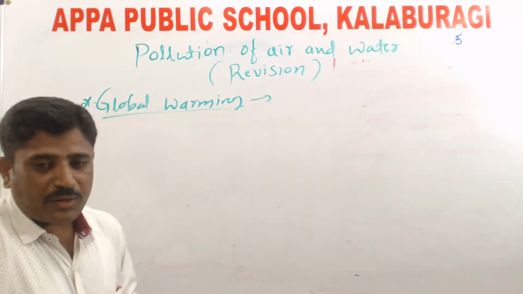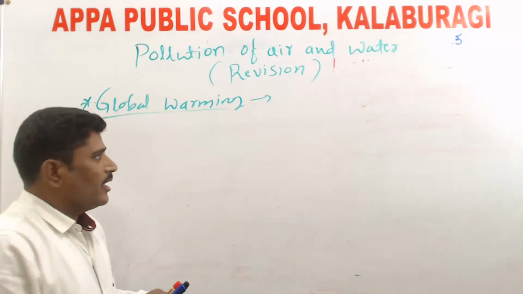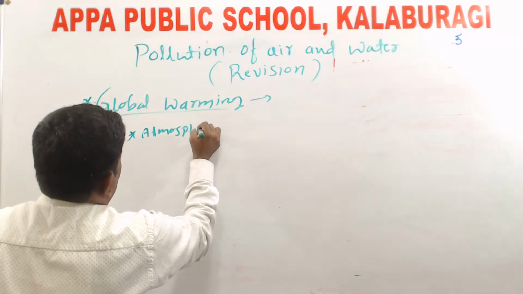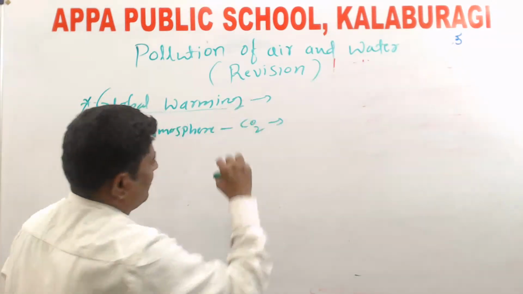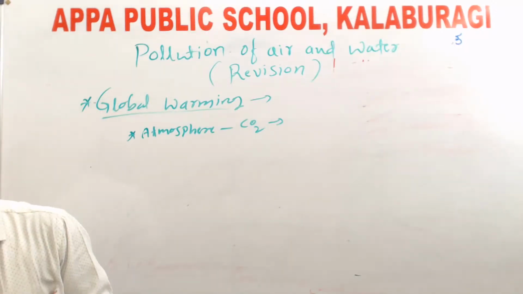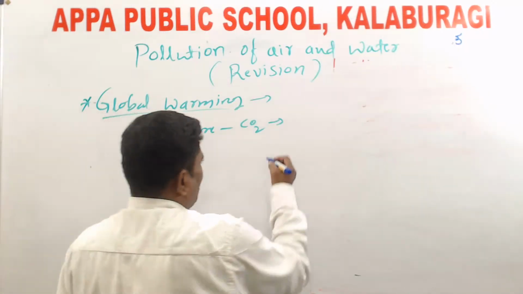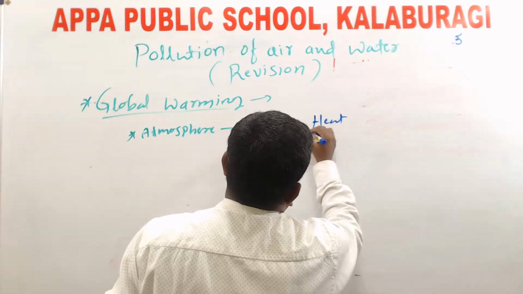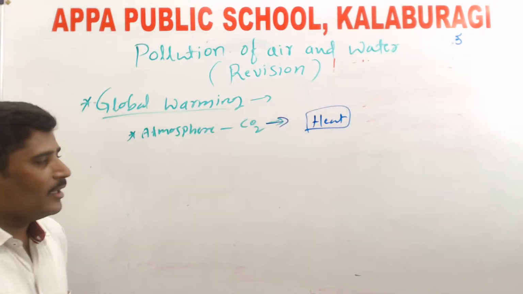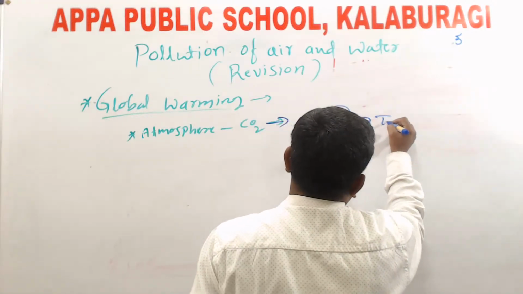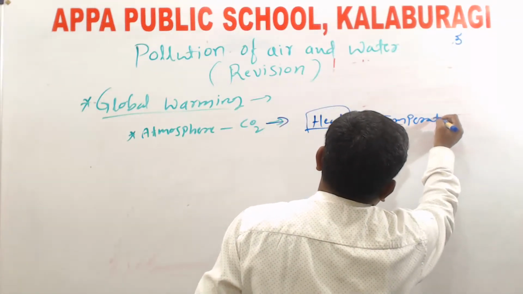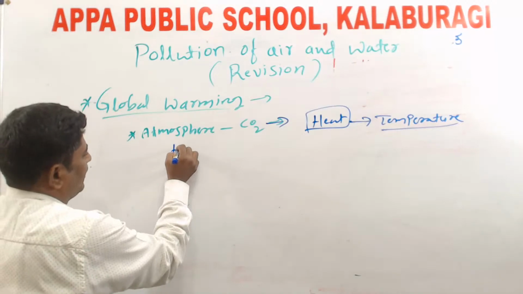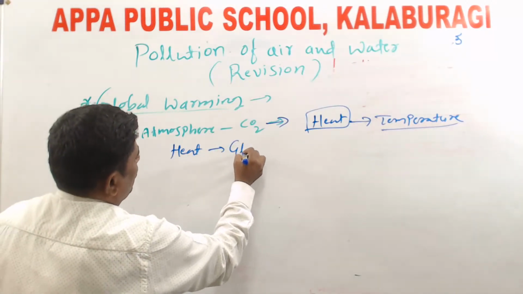Globe means earth, warm means heat. You know very well that the concentration of carbon dioxide in the atmosphere increases. Due to this carbon dioxide, there is a chance of increasing heat. It means the temperature of the atmosphere increases, and there is an increase of heat in the atmosphere. It leads to global warming.